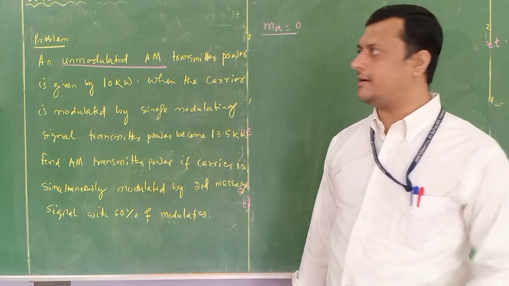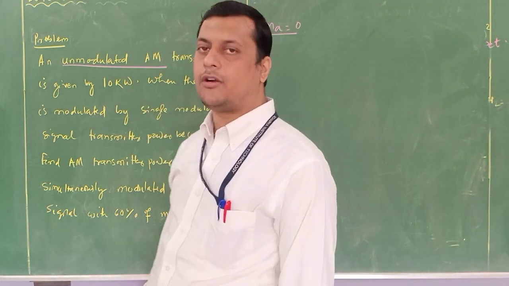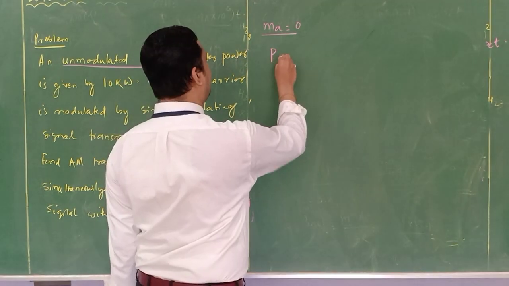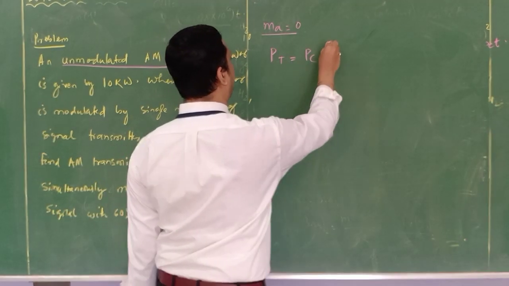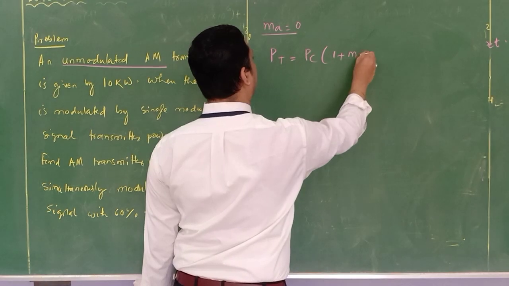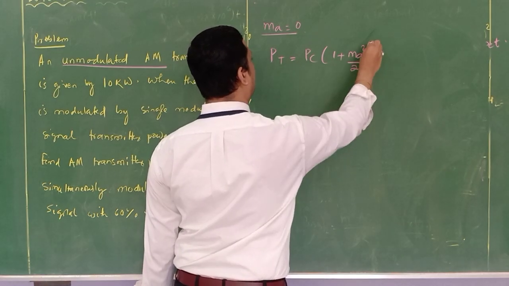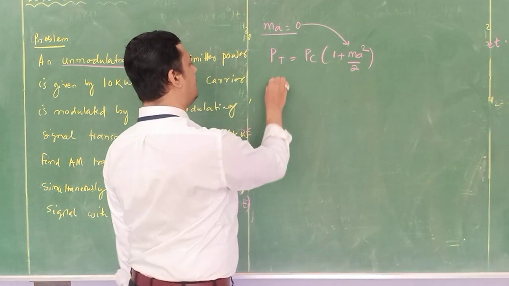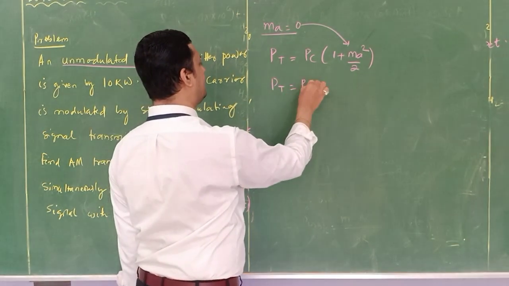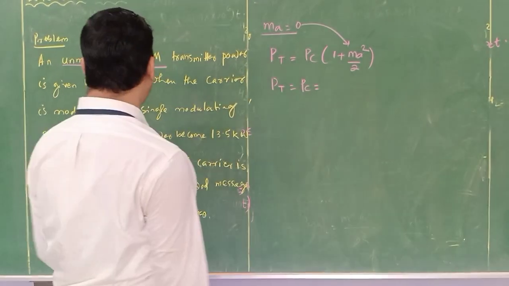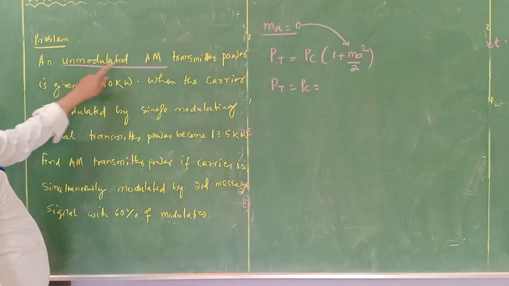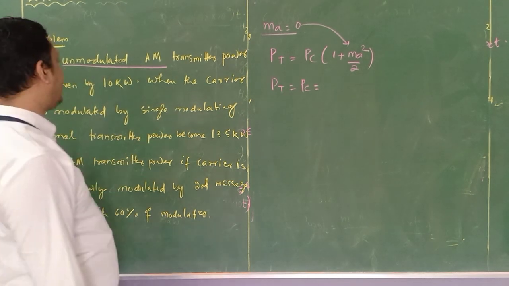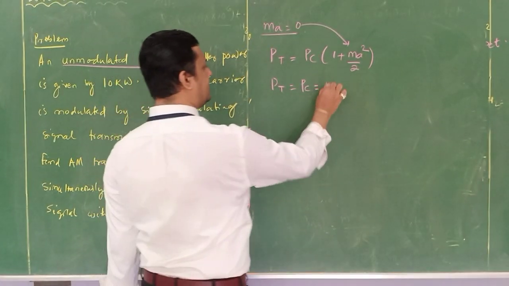That is the first hint. Indirectly it is saying it is an unmodulated AM signal. So we had a relation PT = PC (1 + MA²/2). Now if you substitute MA = 0, your transmitted power is equal to carrier power. As it was written, unmodulated AM transmitted power is given as 10 kilowatt.